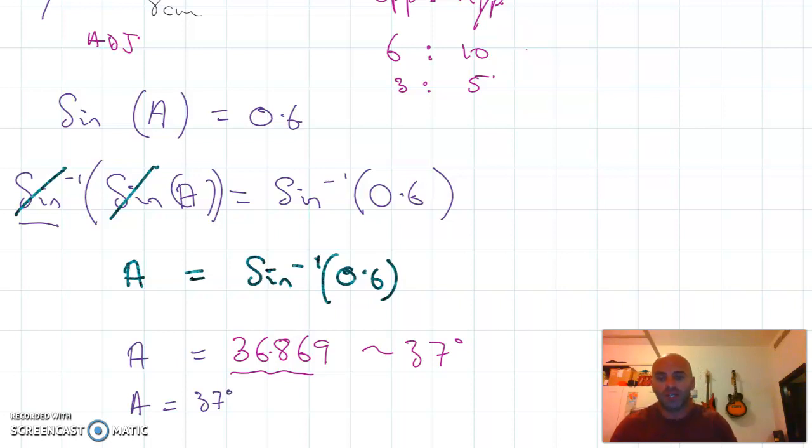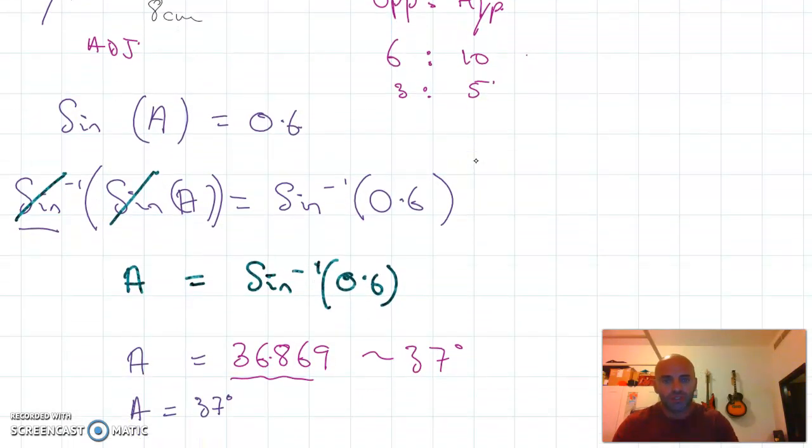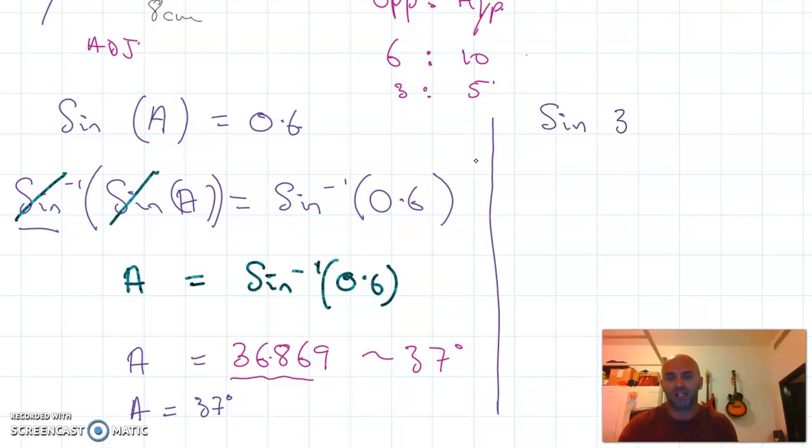Now, it is worth turning the operation around just to fully understand what's going on. So that means if I take the sine of the angle, I'll use the full number, 36.869 degrees approximately, then that works out to be around 0.6. Okay.